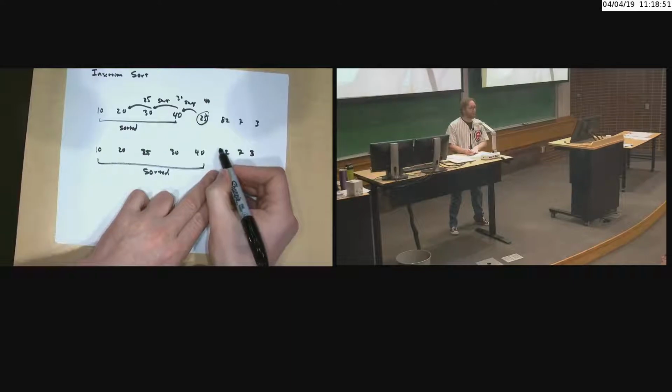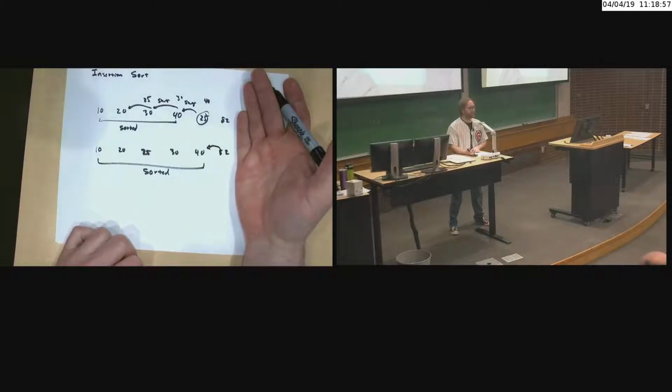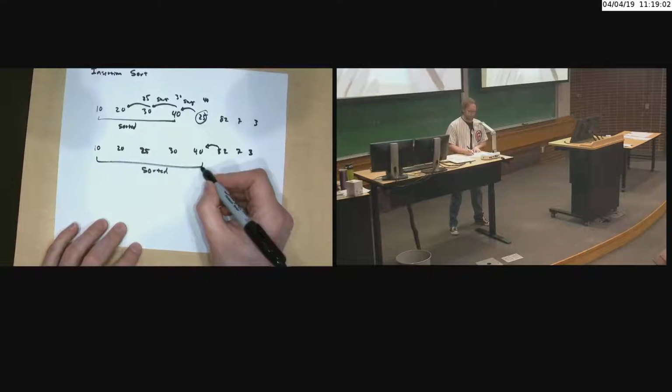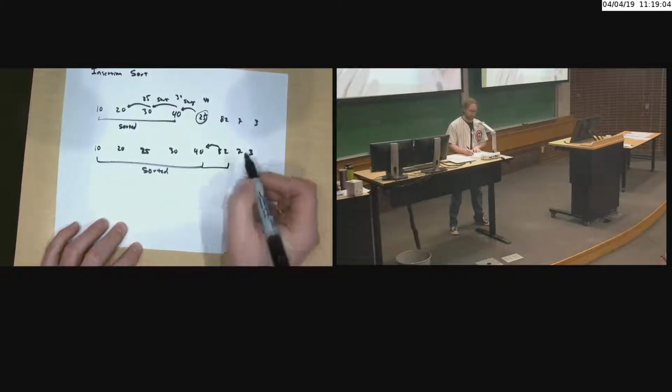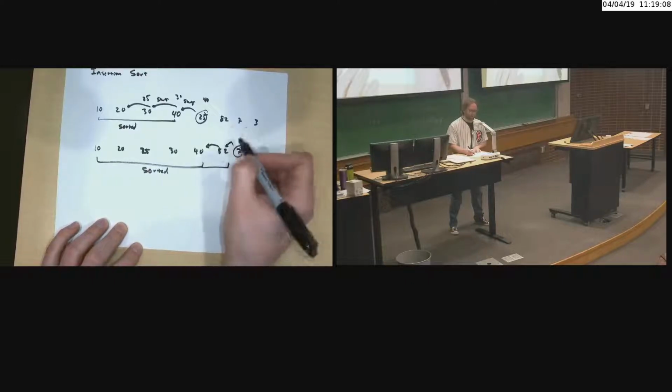If I did that again, 82, I compare it to 40. Do I need to swap those? Nope. So I don't end up swapping, and that's the end of it. Now this is sorted. Now 7. I need to insert it where it needs to be. So I make a comparison. That's less.